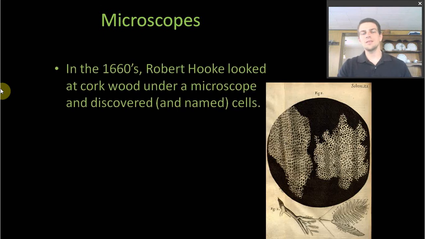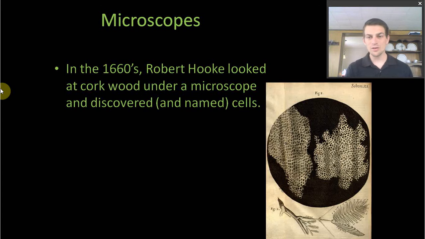So, in the 1660s, there's a scientist named Robert Hooke, and he was looking at all sorts of stuff under a microscope. And he was looking at corkwood in particular one day, and corkwood is like a layer of the bark of a plant. So it's not exactly the same thing as the cork in a bottle, although they're related, but it's a layer of the bark in a plant.